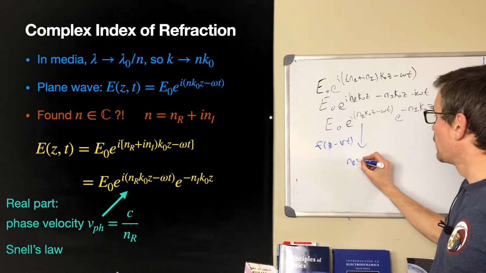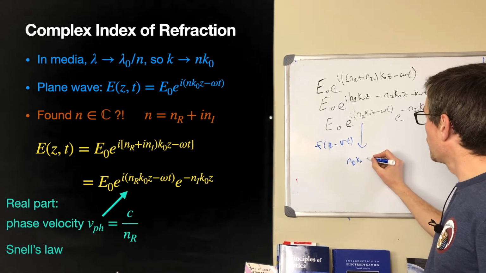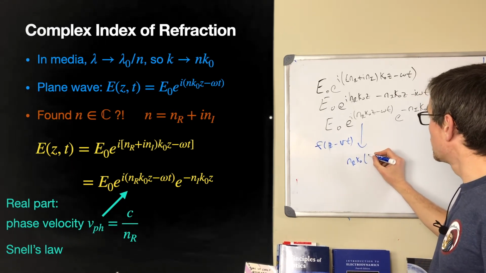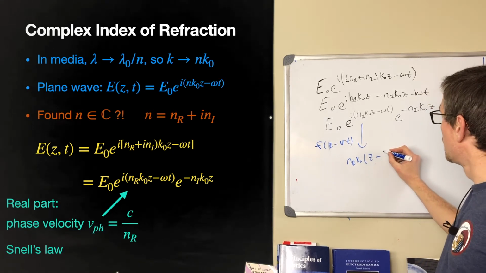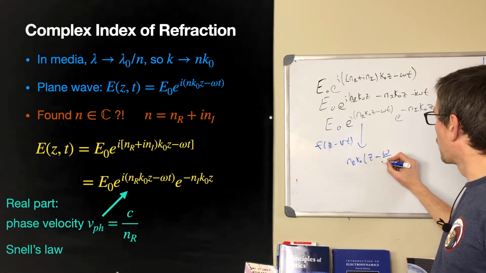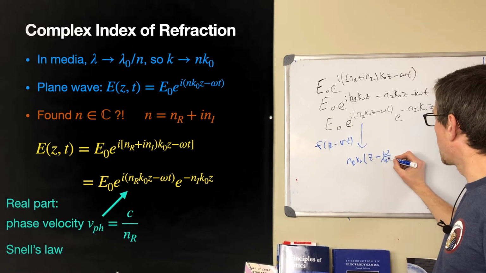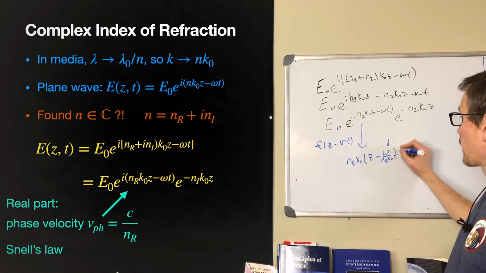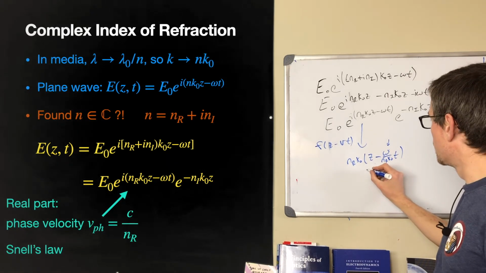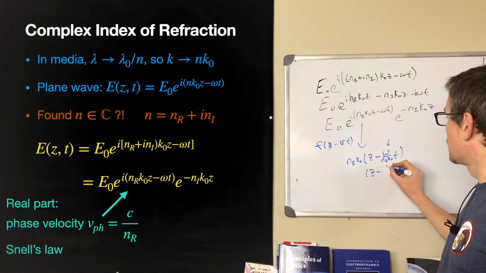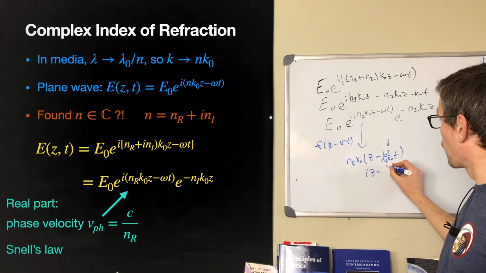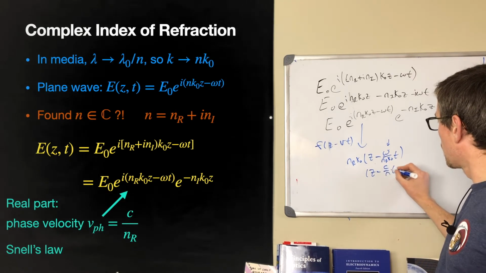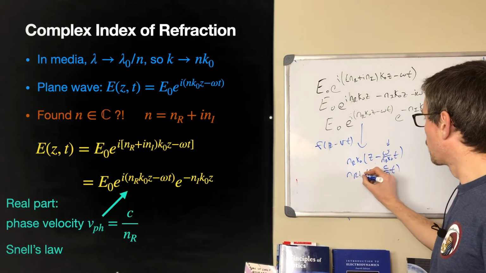We're going to factor out n real k naught times z minus omega over n real k naught times t. Now in vacuum, we knew that omega over k naught is just c. So this is z minus c over n times t.